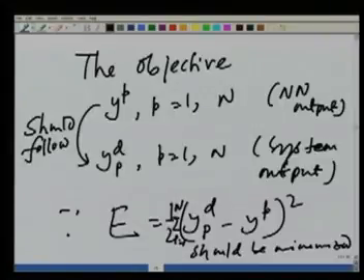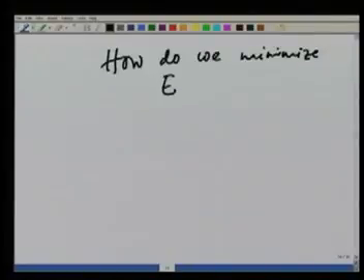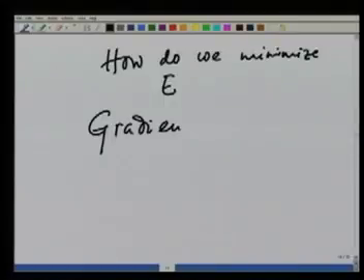So, when you understand this, my cost function that I have defined must be minimized. So, how do we do it? So, question is, how do we minimize E? So, this we follow gradient descent rule.